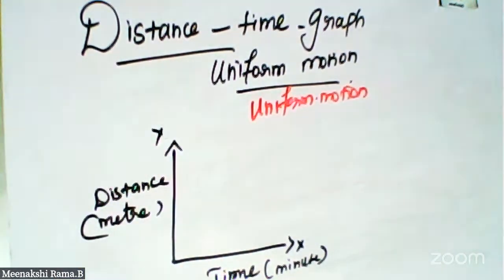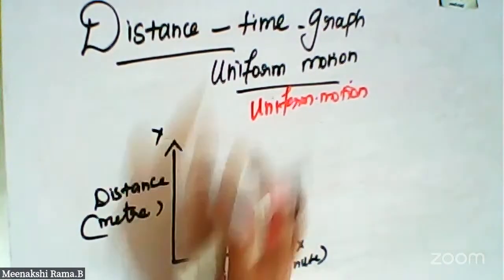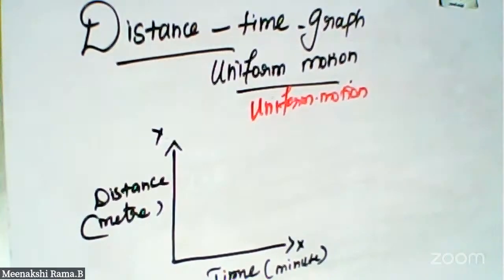So we write the time data on the x-axis and the distance data on the y-axis. Time means 0, 5, 10, 15, 20, and 25. These are all the minutes.